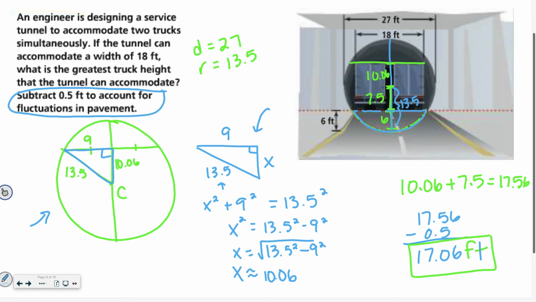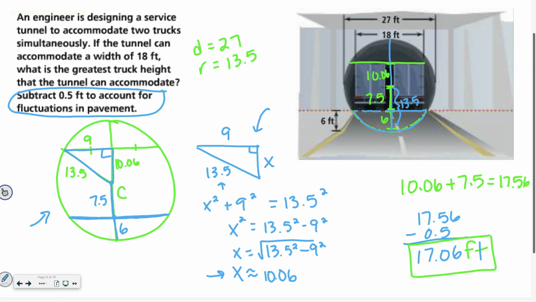You guys are more familiar with seeing just a triangle like that. I did my Pythagorean theorem and I solved for that distance. Then I labeled that distance on my picture. And then I looked back at what I was given and realized that tunnels have a flat bottom and that this was 6 feet. So if I did the 13.5, because that's my radius, minus 6, I was left with 7.5 from the road to the center of the tunnel.